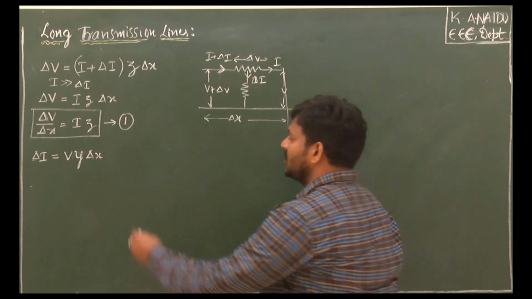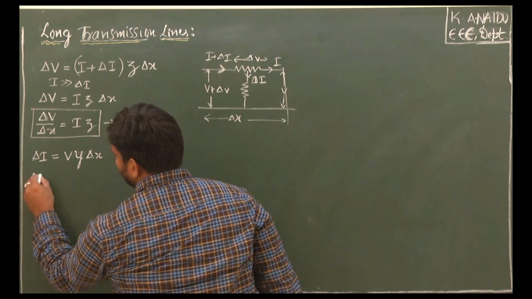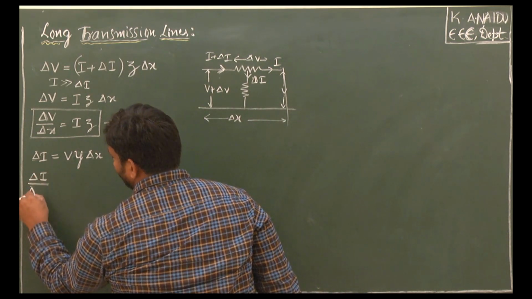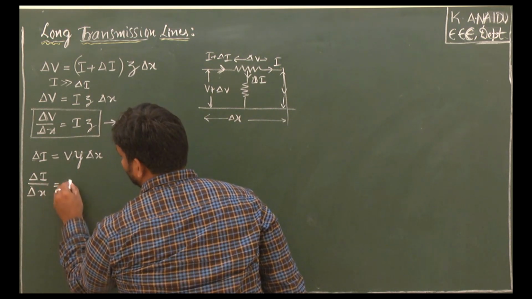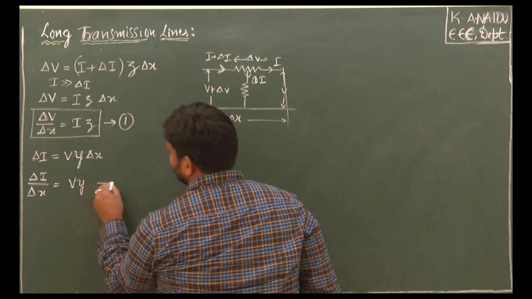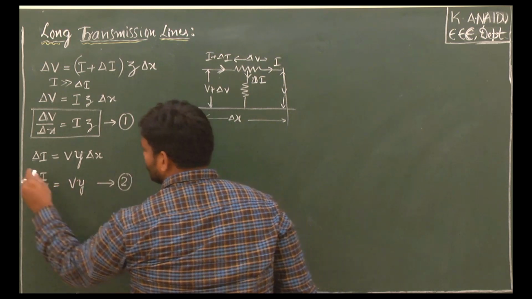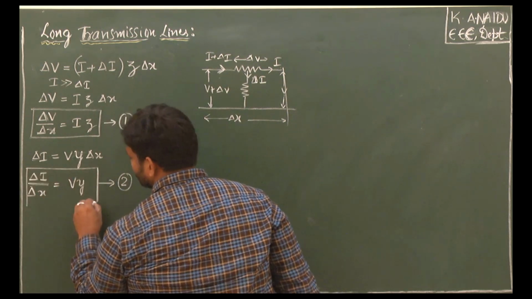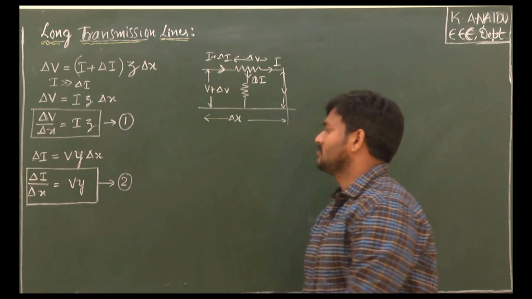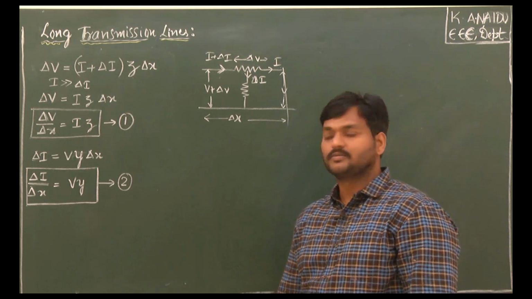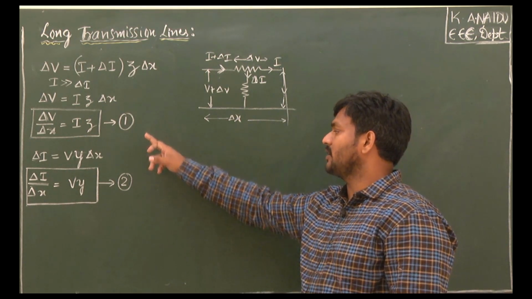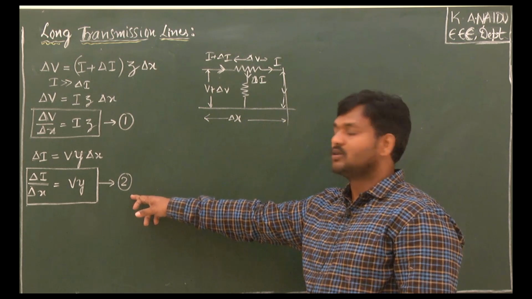So here we can rewrite it, delta I upon delta x is equal to V into Y. So let us take this as equation number 2. Is it clear? So this is equation number 1 and this is equation number 2.